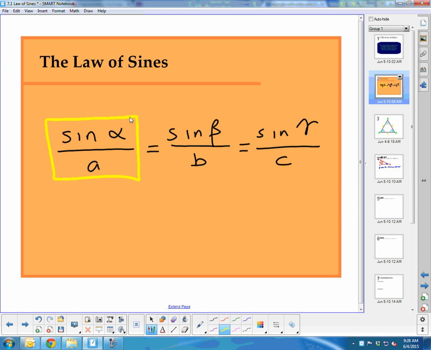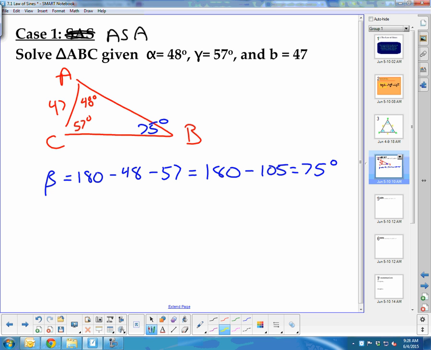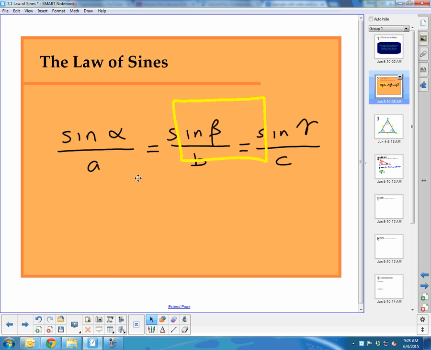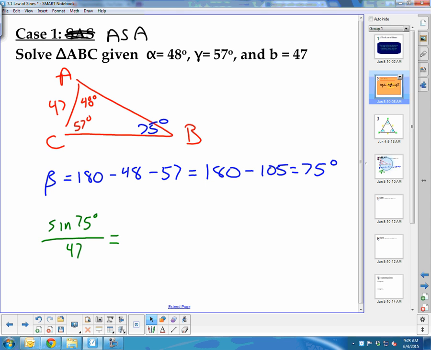If I look at what I have in this particular problem, I have side length b and angle B. So I can start by saying sine of 75 degrees over 47 equals some incomplete ratio from what is left, and I will then use what I know for solving proportions to fill in what is missing.